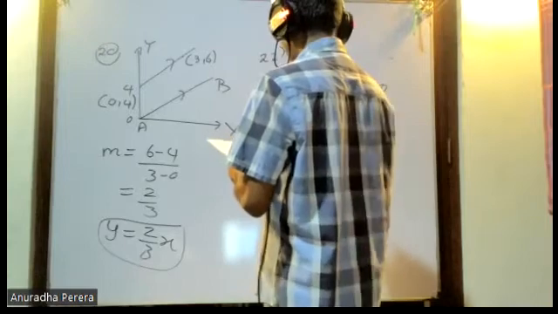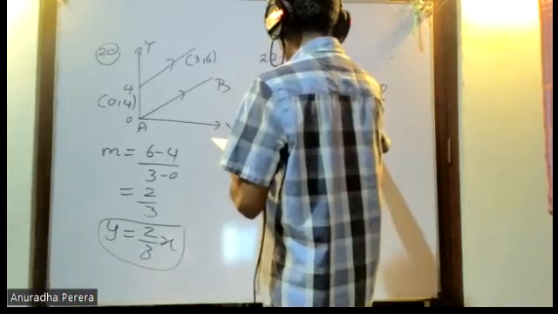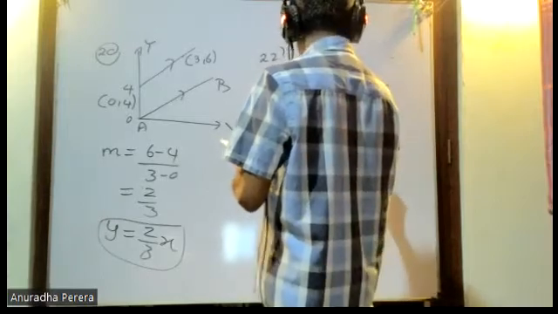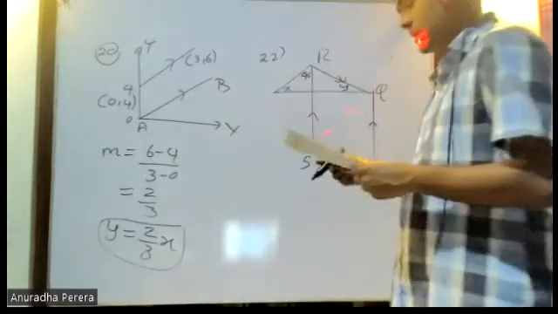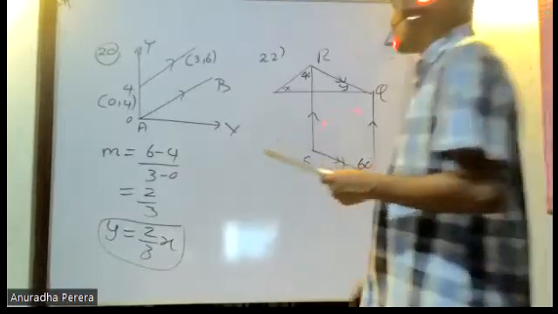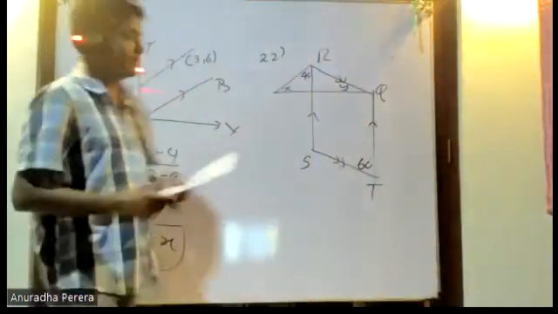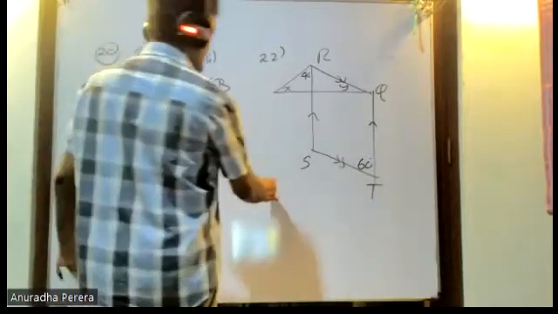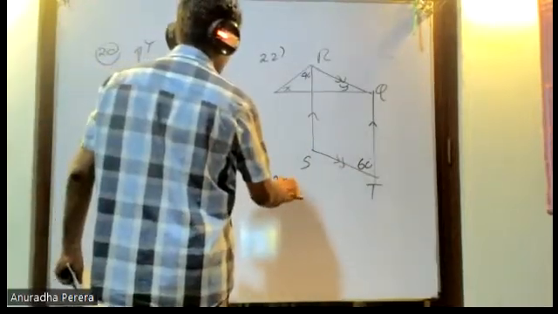X, Y. 60. Here we need x plus y. අපිට x plus y විතරයි පුතේ. How to find it? This is a parallelogram. Opposite angles are equal in a parallelogram. SRQ is 60 degrees.